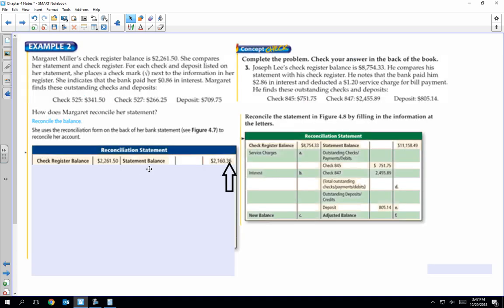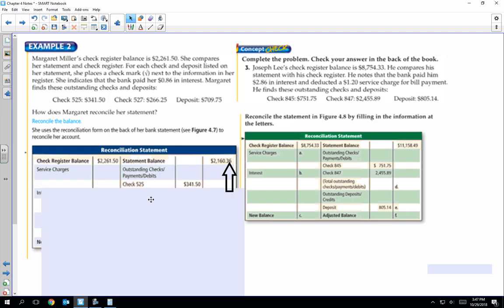So we're going to do that here with our statement. We are going to account for each of the checks. Check number 525 is $341.50. Check number 527 is $266.25.